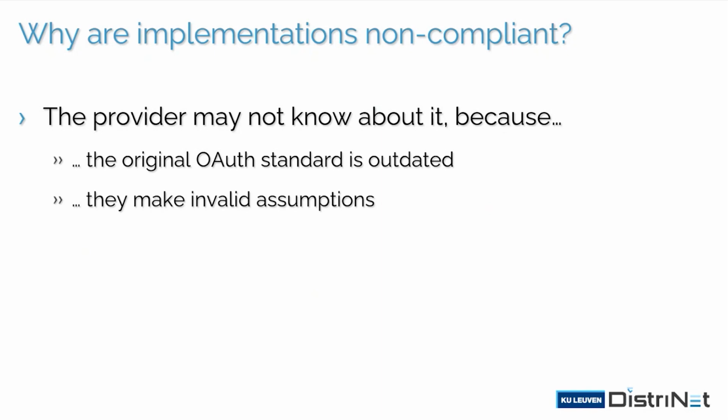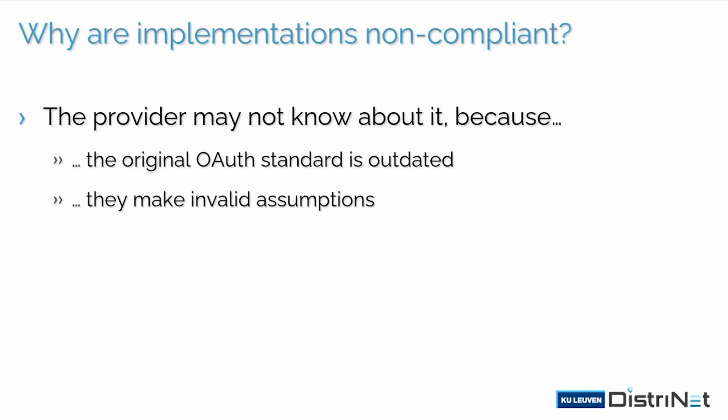Sometimes they make invalid assumptions. So things change in OAuth. For example, the PKCE countermeasure, that's a countermeasure against code injection attacks and also CSRF attacks. And so when it was introduced as a CSRF countermeasure, it was actually only introduced for public clients. So these are clients without a password. But then they saw that this countermeasure was also a good countermeasure against code injection attacks.